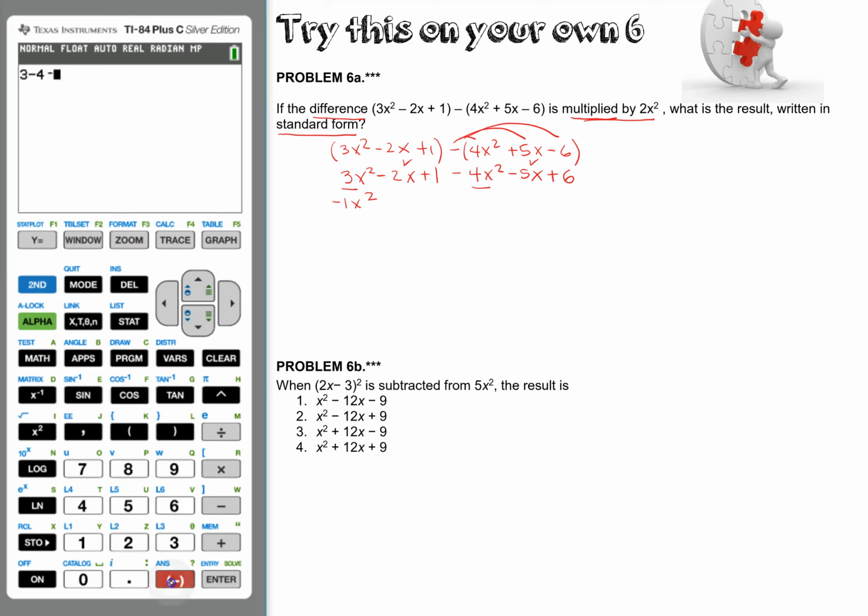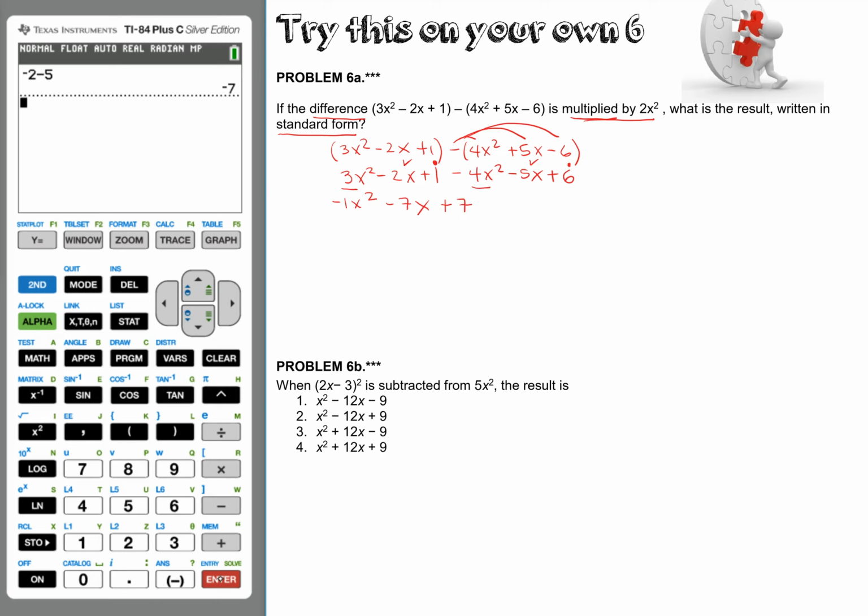So negative 2 minus 5 gives you negative 7, so you have negative 7x. And the last one, we have 1 and 6. So 1 plus 6 gives you 7, so you have plus 7.